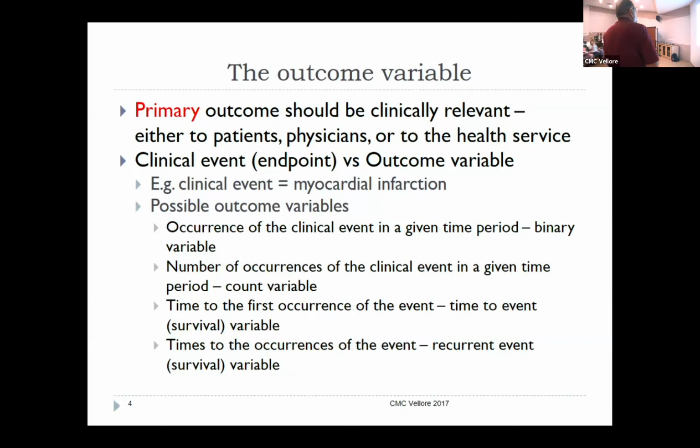Now I make a distinction between an endpoint, which is a clinical event, and an outcome variable. So let's take the same clinical event, myocardial infarction, heart attack, that occurs or doesn't occur. I can have different outcomes based on that same clinical event.